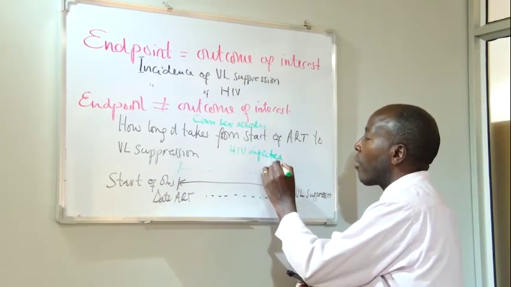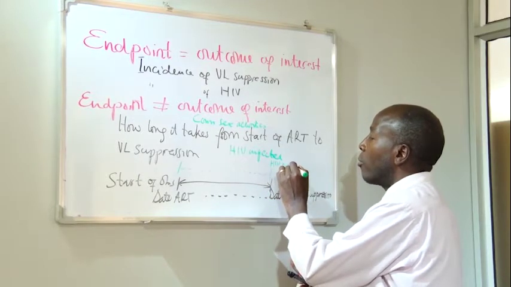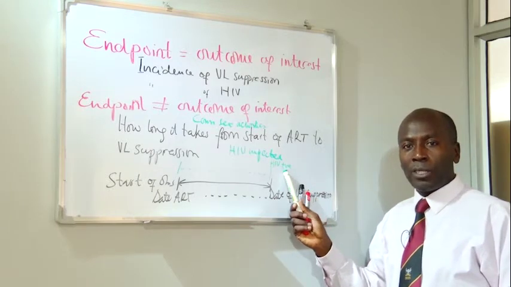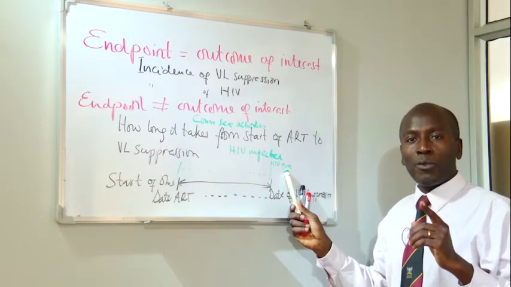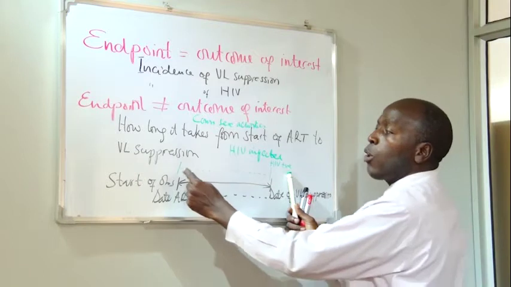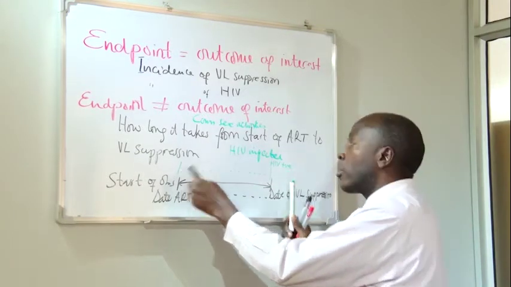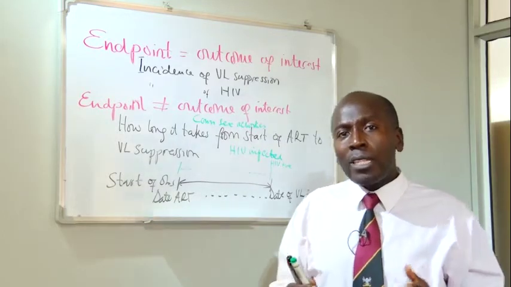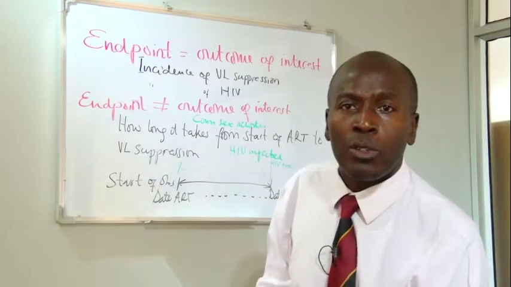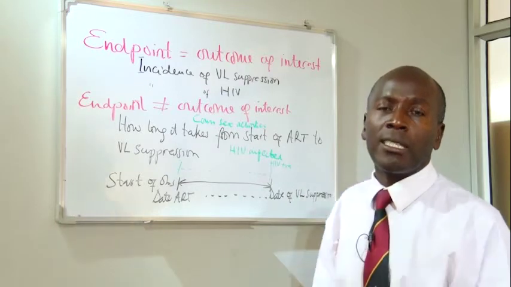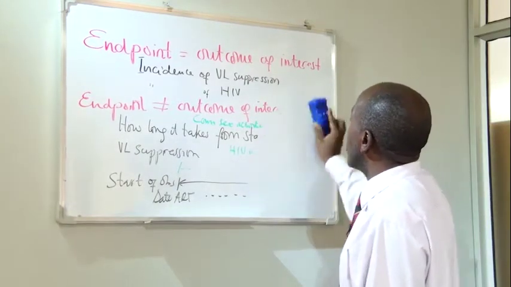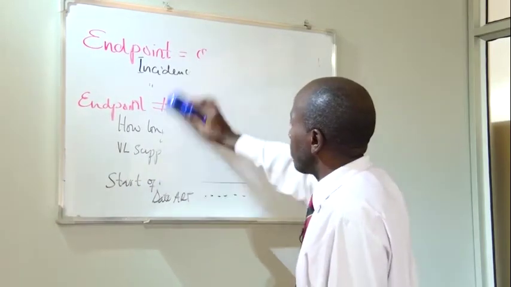Then at some time we find out that they are HIV positive. This HIV positive is the endpoint, but it is not the outcome of interest. The outcome of interest is how long it took before somebody develops the endpoint. So the endpoint and the outcome of interest are not necessarily the same thing. It really depends on what is being studied.